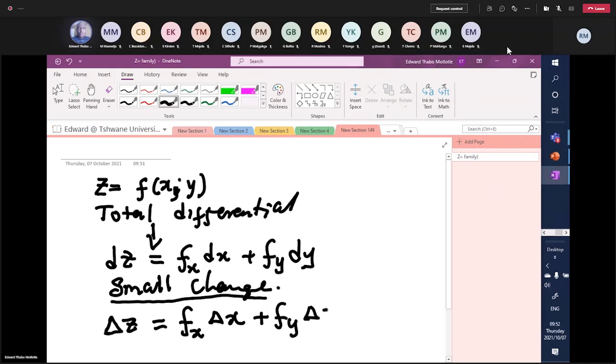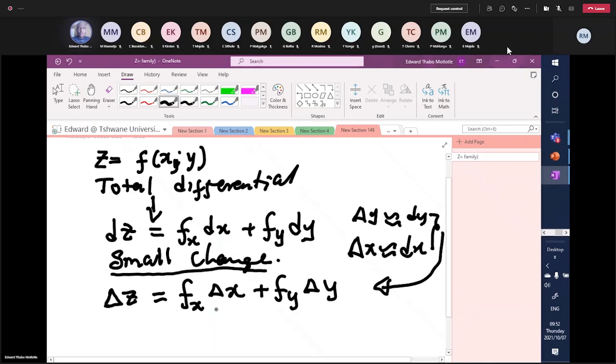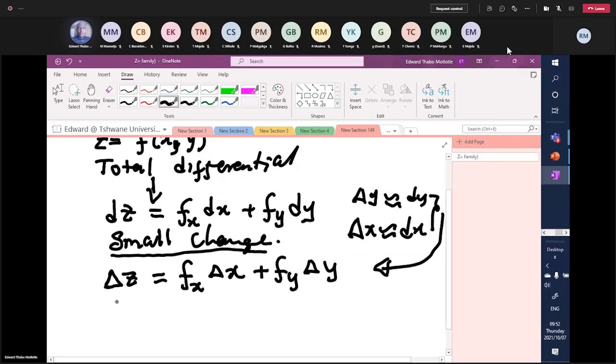If you compare these two, this means we have a situation where delta x is approximately equal to dx and delta y is approximately equal to dy. So these two give you this equation here, and this equation is called a small change. Immediately after the small change, we move to what we call the rate of change.